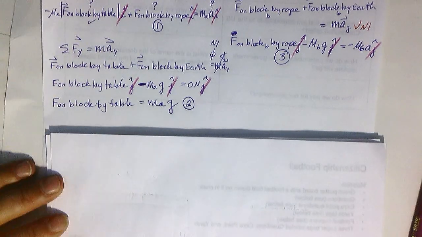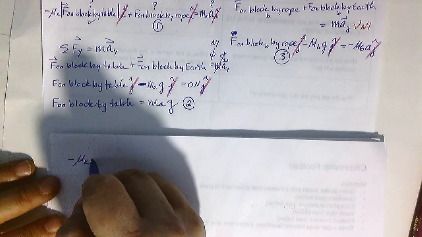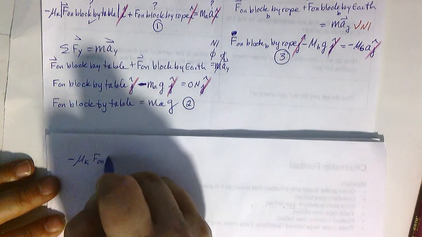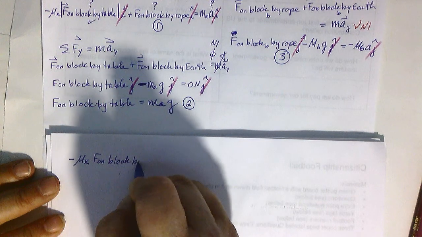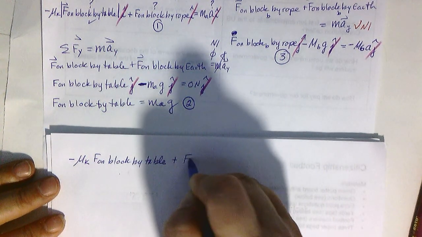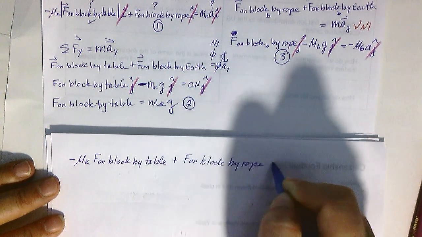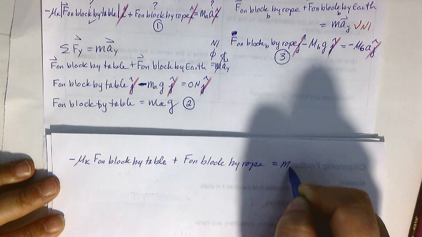So let's rewrite these equations. I have minus mu sub k times force on block by table plus force on block by rope is equal to m sub A a.